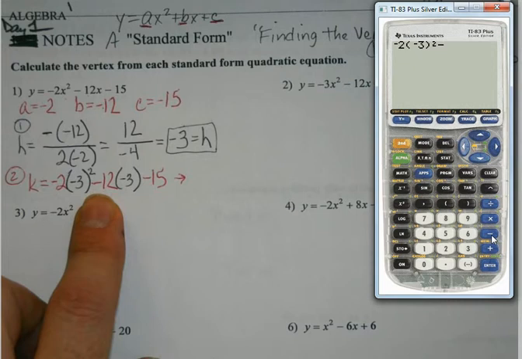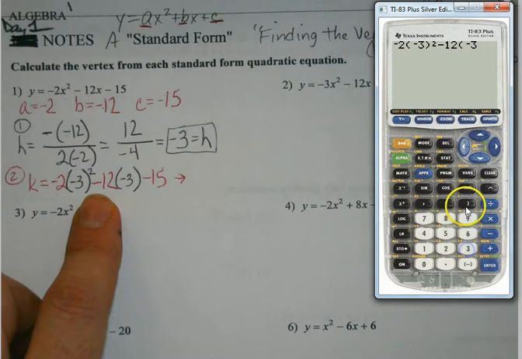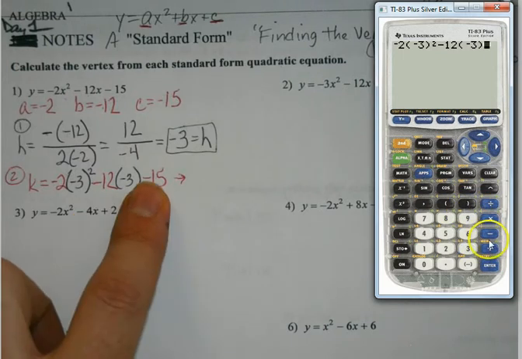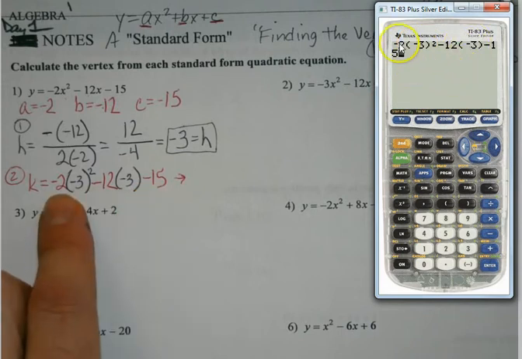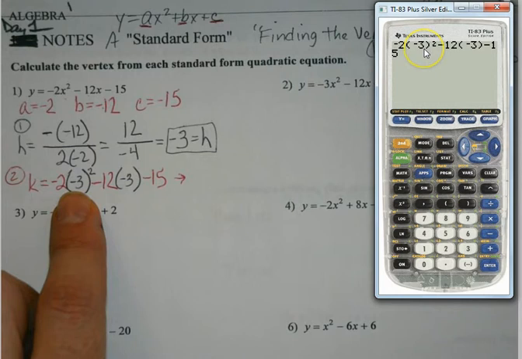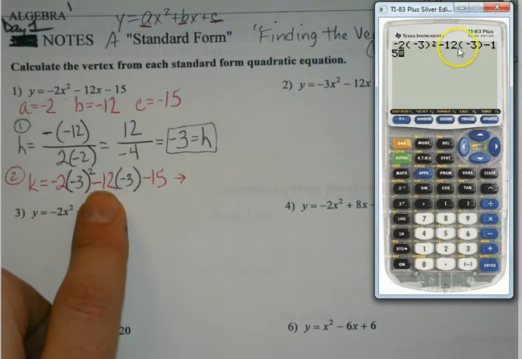I know it's hard to believe sometimes, but there is. So 12 times -3, and then minus 15. The only time I'm going to use the negative is if it's one of these values I'm putting into the parentheses. Now, let me make sure I typed it in right. -2, -3 squared, minus 12, -3, minus 15. Yep, that's right.